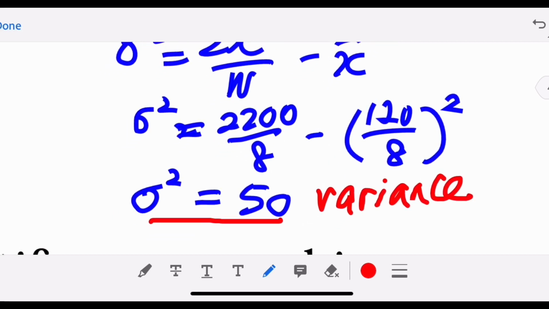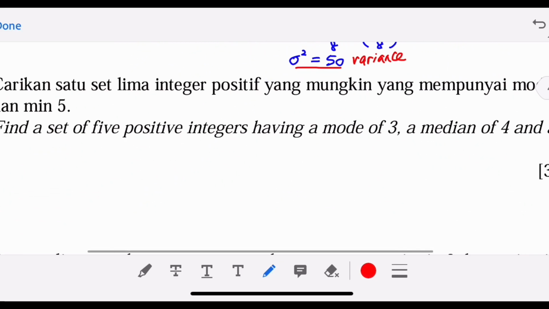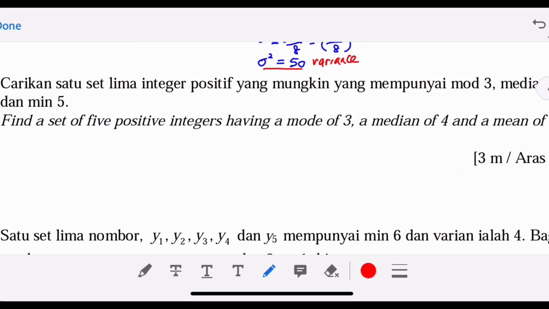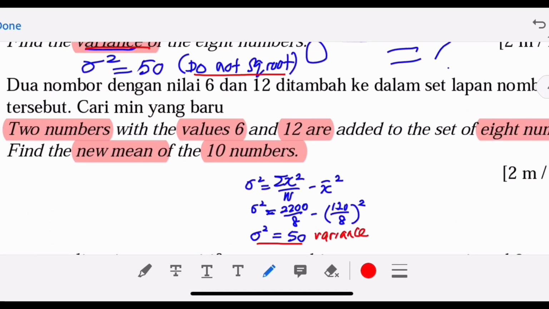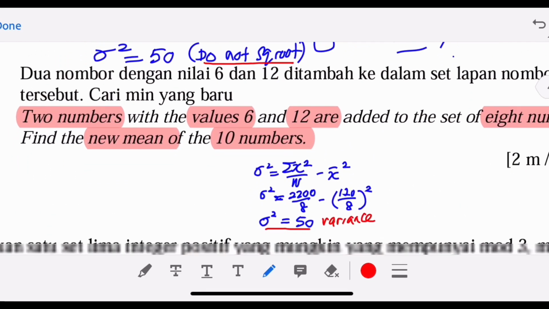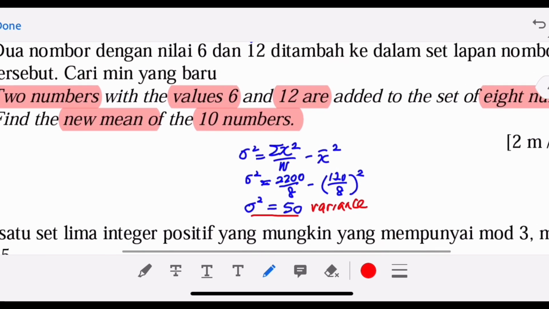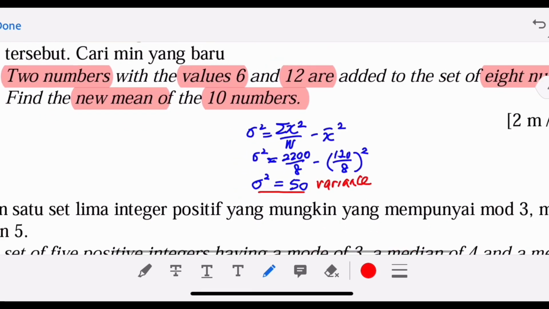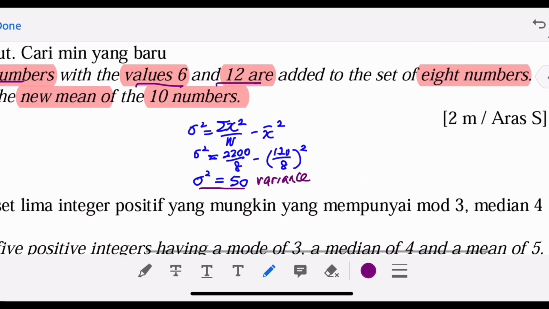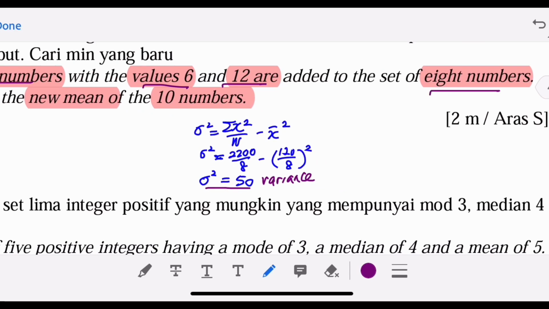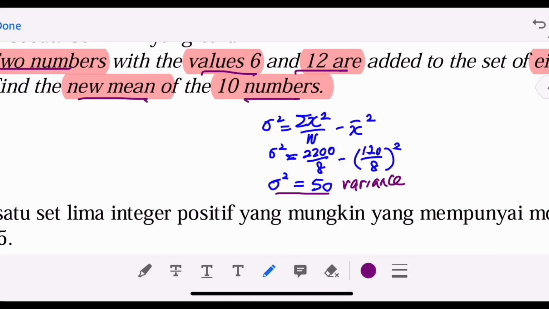Now let's focus on part B. Okay, for part B, 2 numbers with the values 6 and 12 are added to the set of 8 numbers. That means we still refer to the question just now, and then we need to find the new mean.